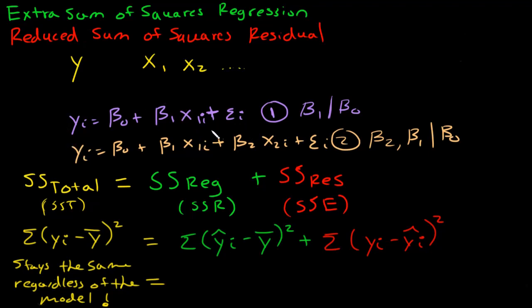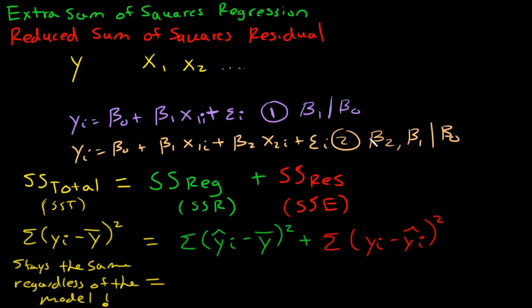So whatever residual you found in model 1, the difference between your predicted and the observed, you'd have a similar residual here, except now you have another variable that's trying to help. So this additional variable could potentially reduce that residual, right?